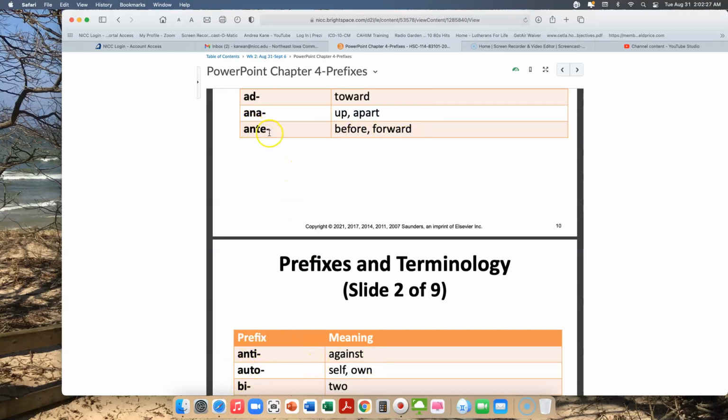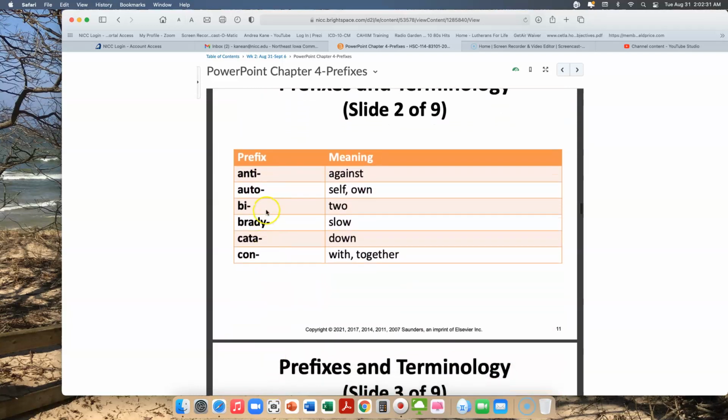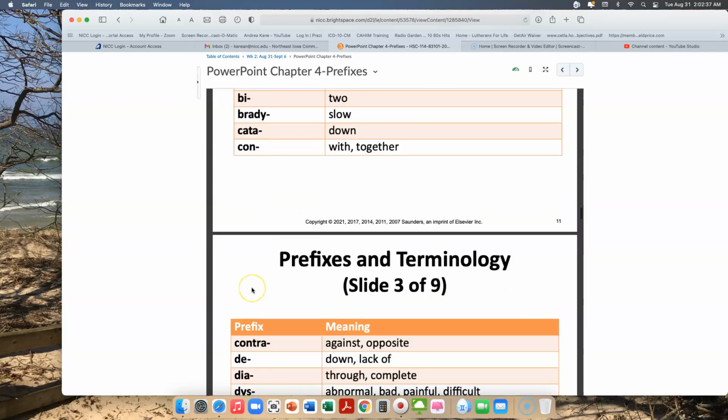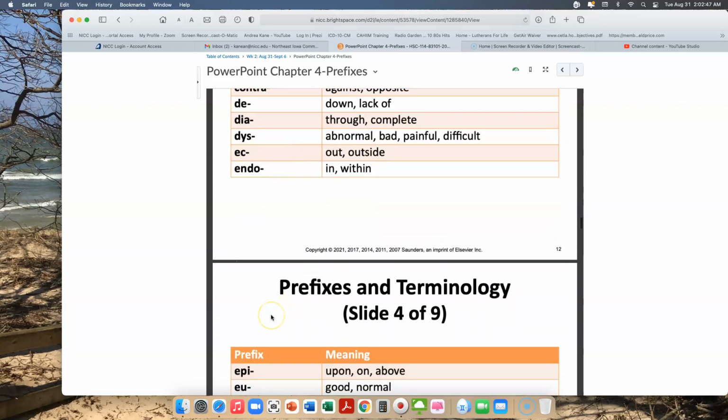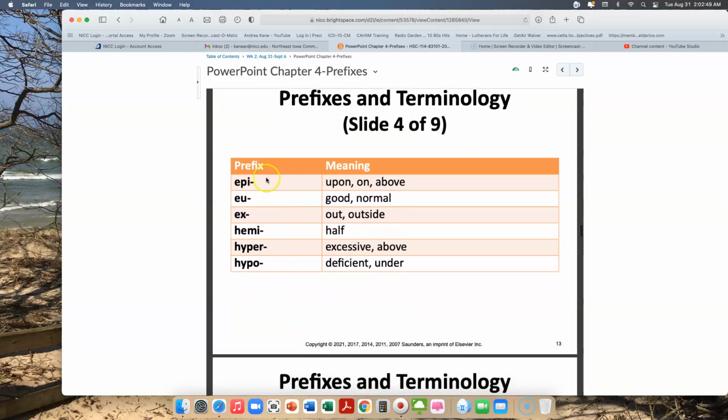So ante, anti. Auto, bi, brady, cata, con, contra, dia, dis, ec, endo, epi, ex, hemi, hyper, hypo.